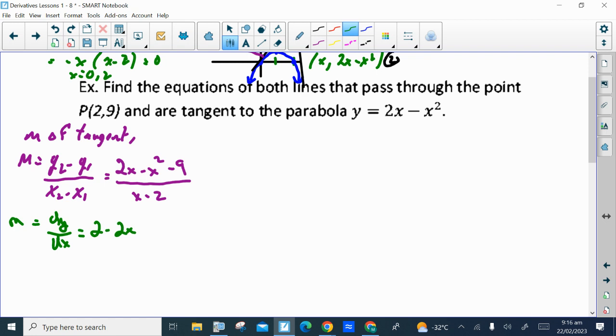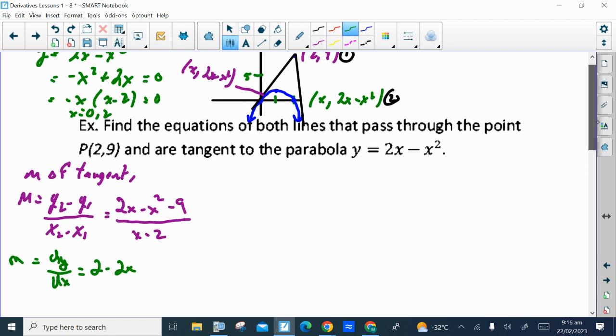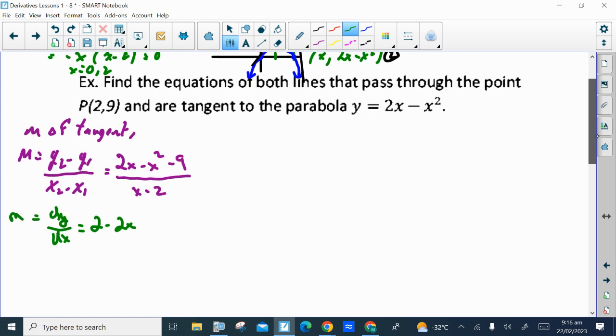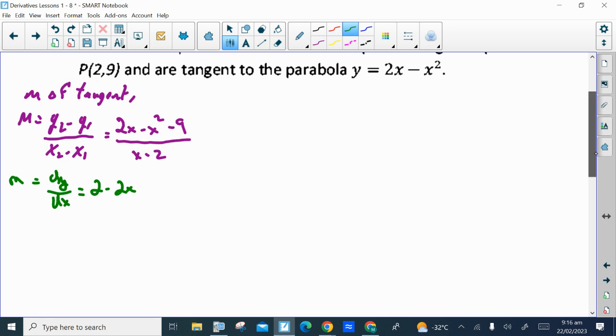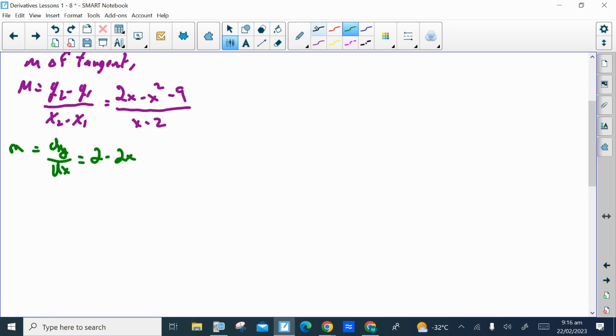So that's also an expression for the slope of the tangent lines. And so these two expressions have to equal each other. They both represent the slope of those tangent lines, right? The first expression we got using the slope formula. The second expression we got by taking the derivative.